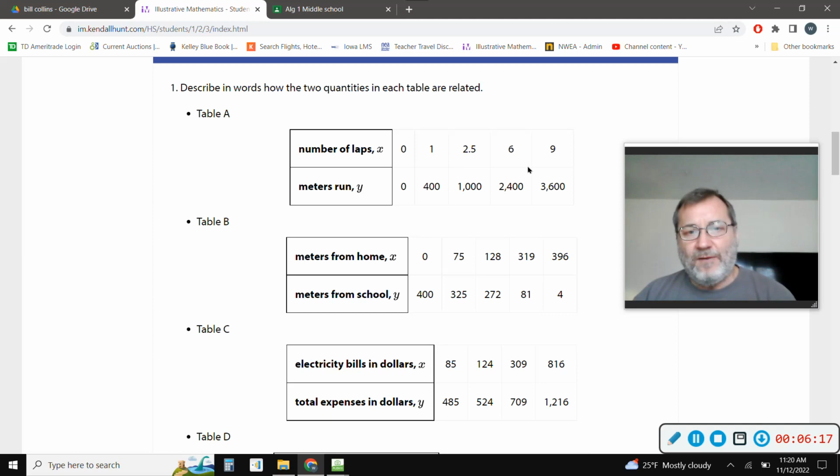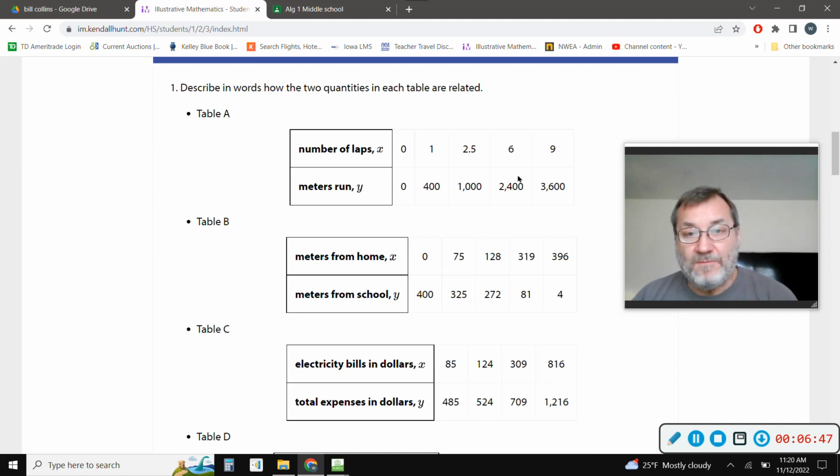Well, you might kind of recognize what's going on here, because if you go from the x to the y, 0 to 0 doesn't tell you much. But how do I get from 1 to 400? Well, I could either add 399, or I could multiply by 400. How could I get from 2.5 to 1,000? Well, I could add 997.5, or I could multiply by 400.